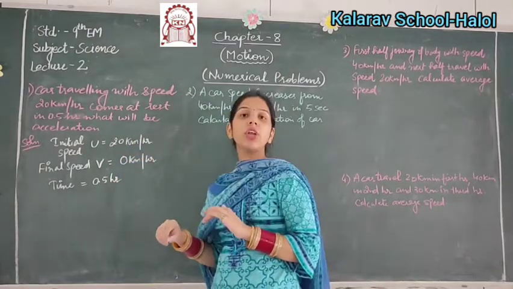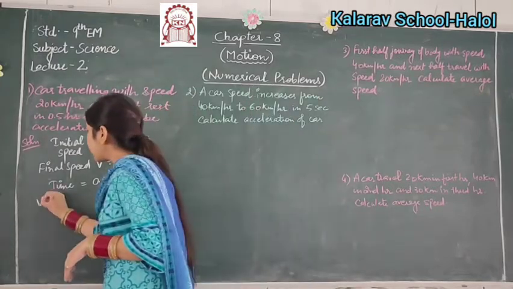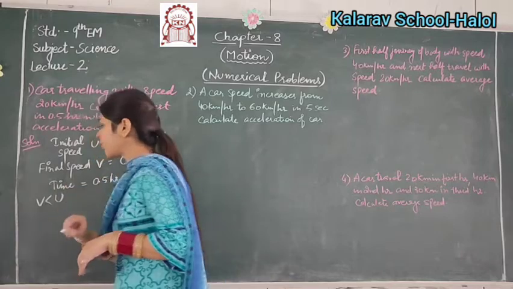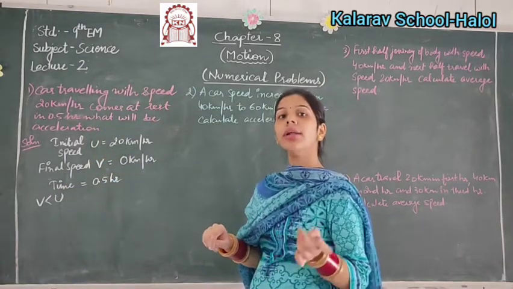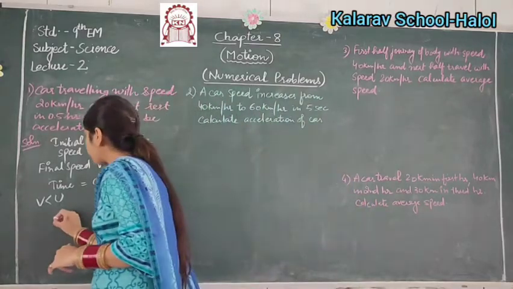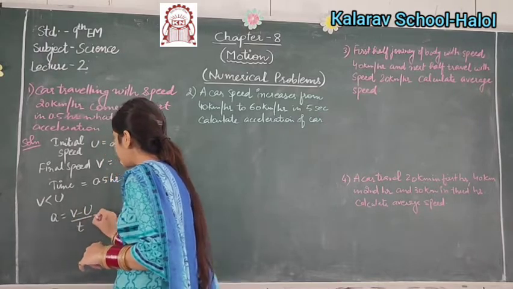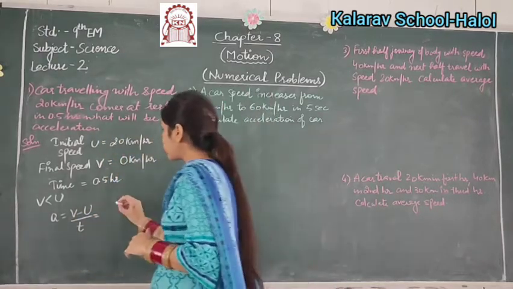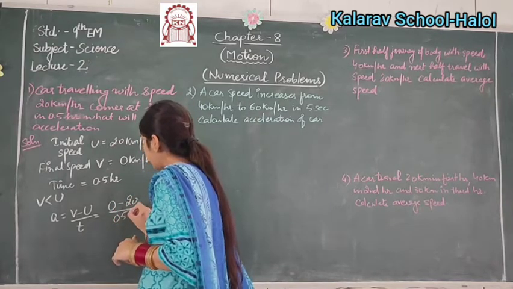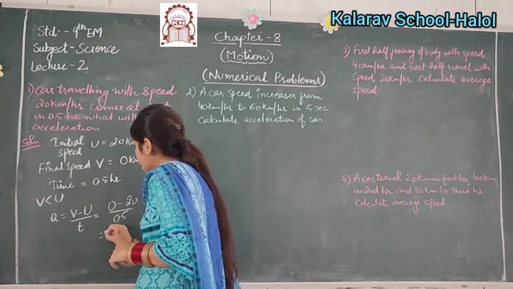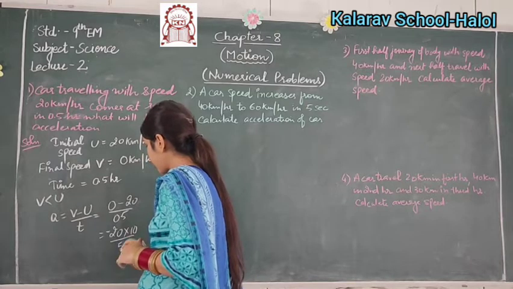Here, initial velocity is greater than final velocity, so we can see that a is less than 0. When a is less than 0, it is called retardation or negative acceleration. Acceleration is change in velocity upon time. So a is (0 minus 20) upon 0.5, which is minus 20 into 10 upon 5.